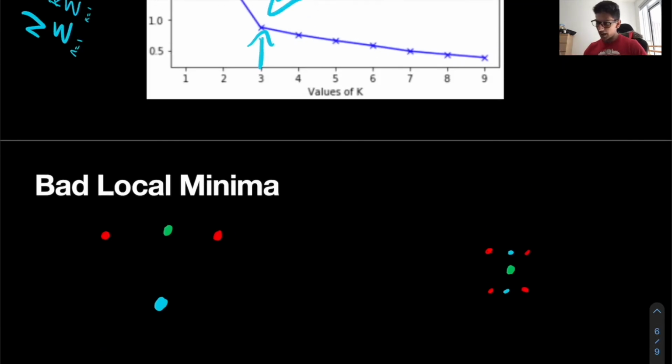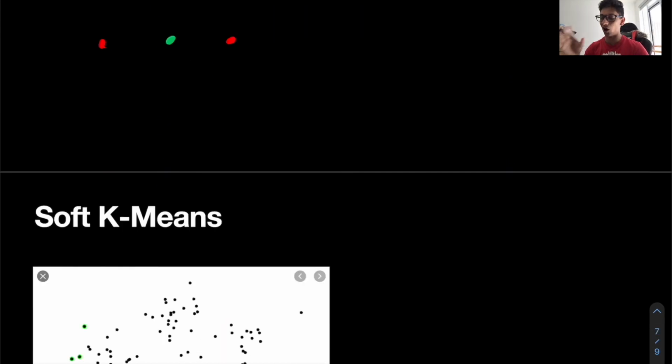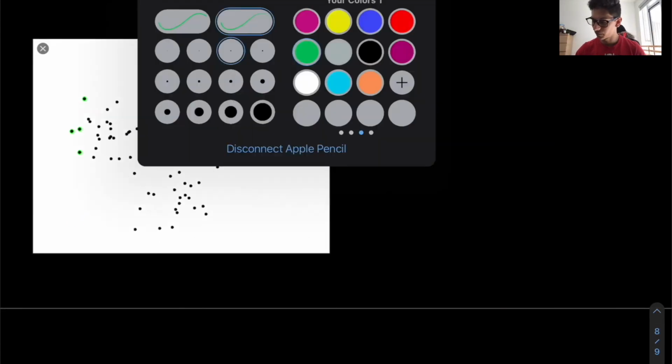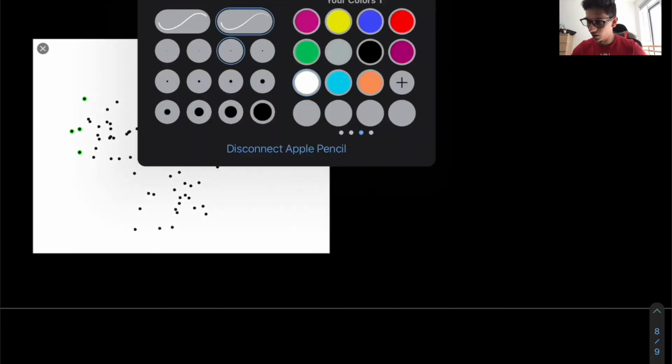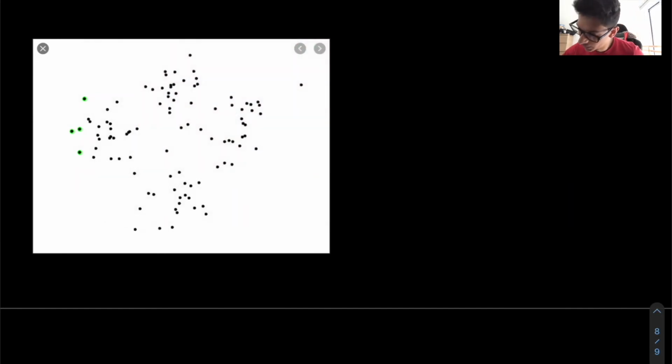Now, instead of having a very hard categorization, so let's say the ones in green are centers initialized randomly, that this data point belongs to this and only this point, another thing we can do is say that this point belongs to this point with a weight of 0.7, to this point with a weight of 0.2, and to this center with a weight of 0.1. We always want to keep the sum of all the weights equal to 1.